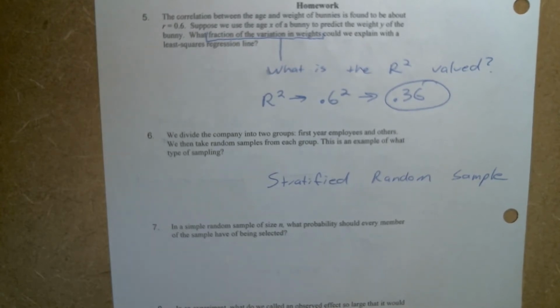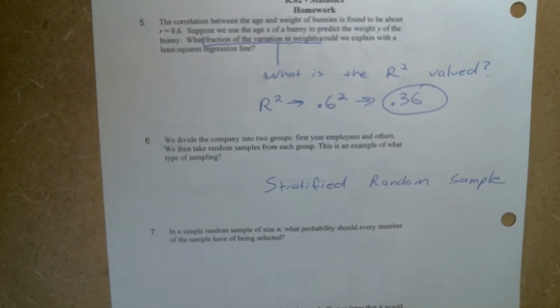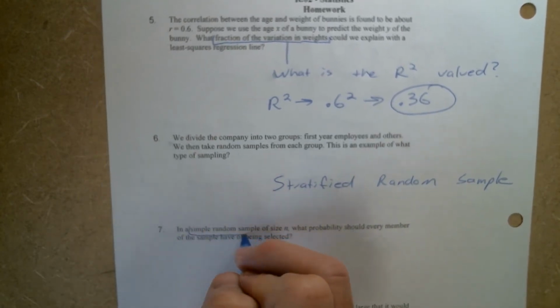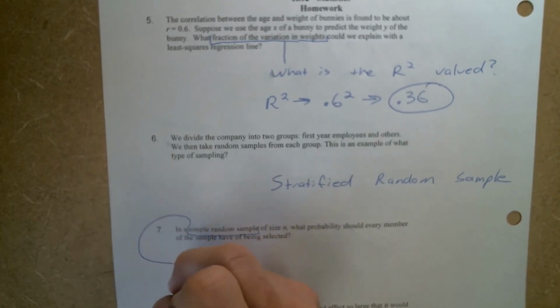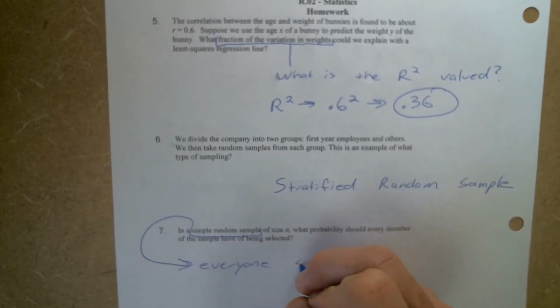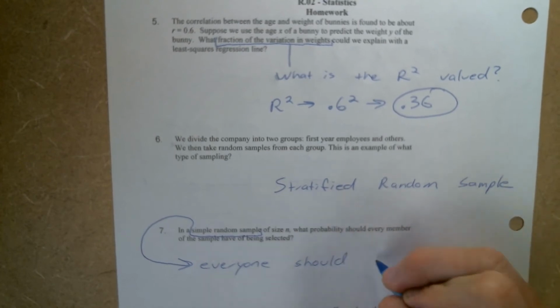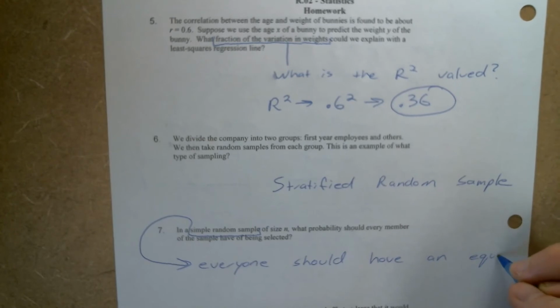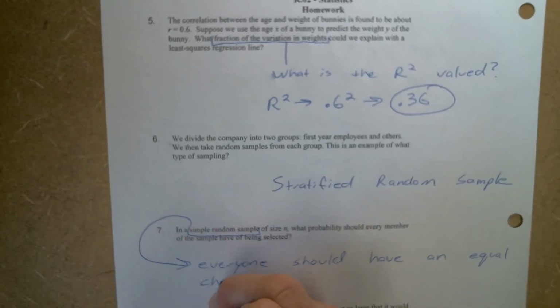each of those are. Number 7, in a simple random sample of size n, what probability should every member of the sample have of being selected? So if it is a simple random sample, everyone should have an equal chance of selection.